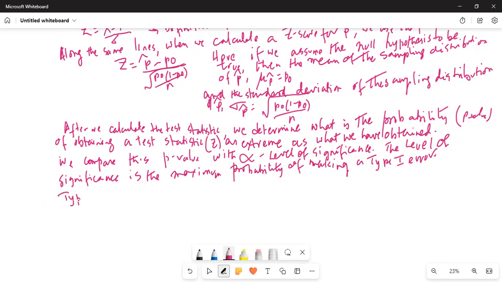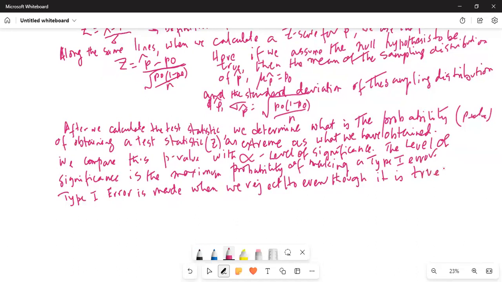Type 1 error is made when we reject H0, even though it is true, which indicates that we made a wrong decision.